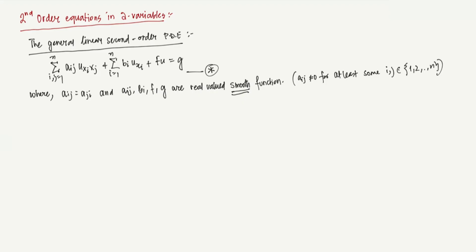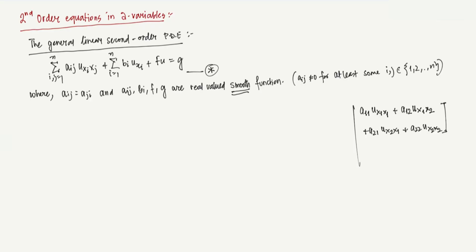Why? Because if you break up this expression, it becomes a11 u_{x1 x1} plus a12 u_{x1 x2} plus a21 u_{x2 x1} plus a22 u_{x2 x2}. So there are 4 terms contained in this particular summation.